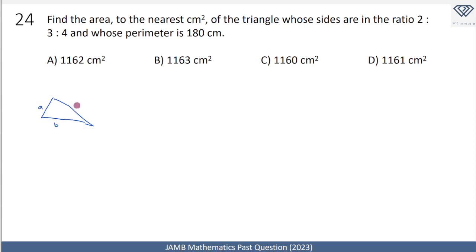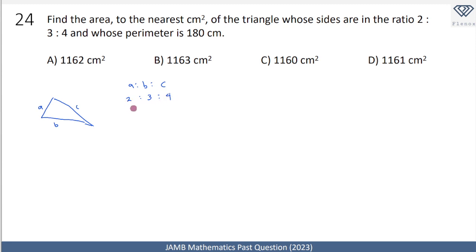For example, we are being told that A ratio B ratio C is 2 ratio 3 ratio 4. That means the actual length can be multiples of any of these numbers.